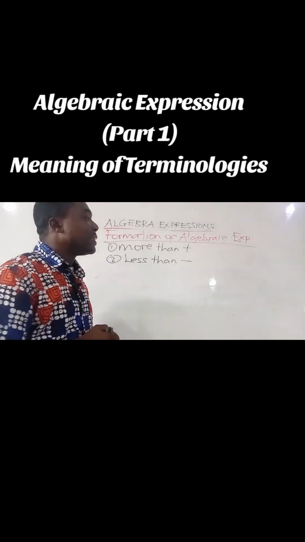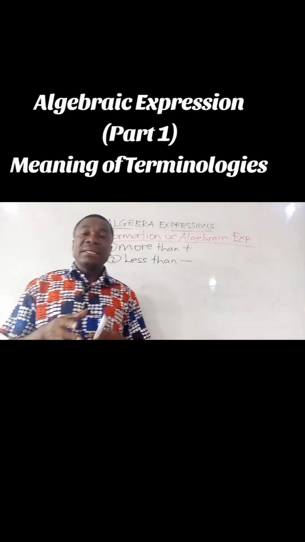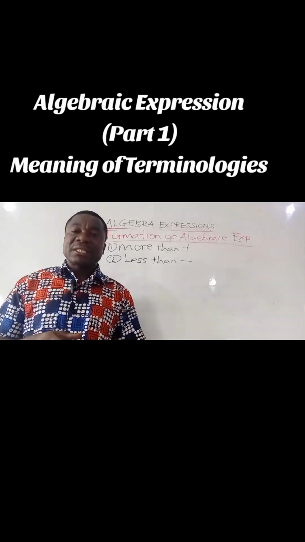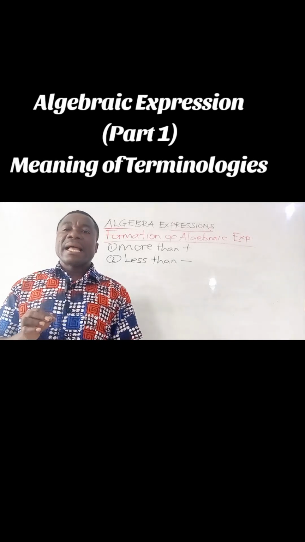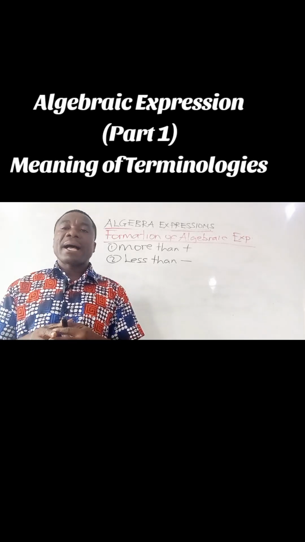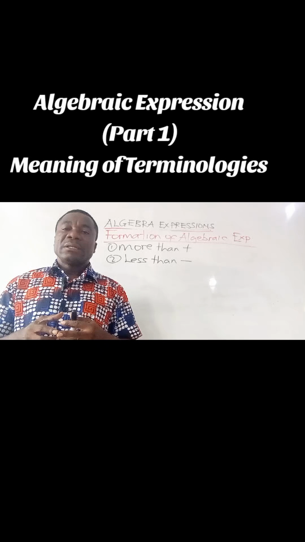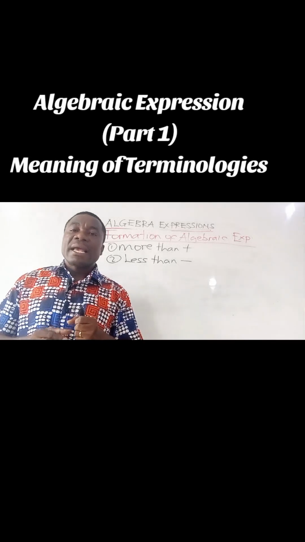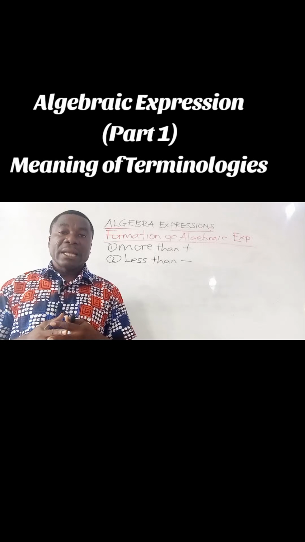Now let's look at something very critical. If you are solving algebraic expression and an unknown number is mentioned, you have to use any variable to represent the unknown number.